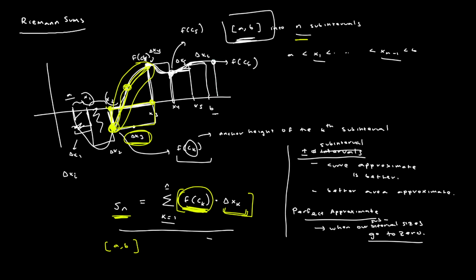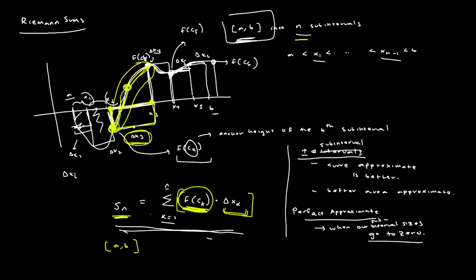So that is the main motivation. That's the main concept that you must understand to understand the idea of the integral. If we're trying to approximate the area of the curve on some big interval a to b, and we increase the number of subintervals over which we calculate this Riemann sum, then we're getting a finer and finer approximate of the actual area.